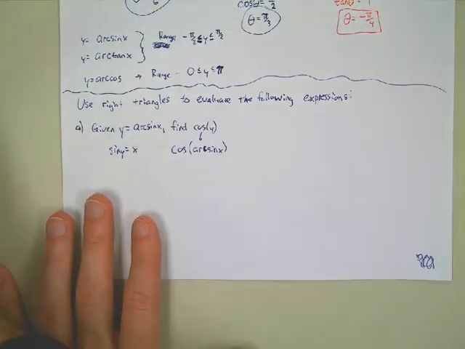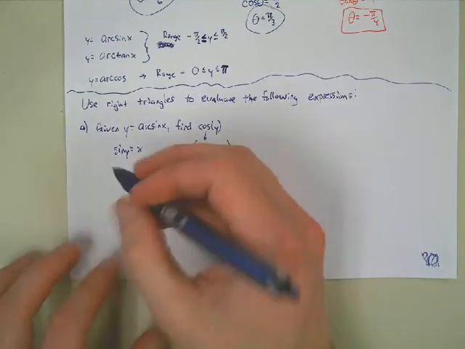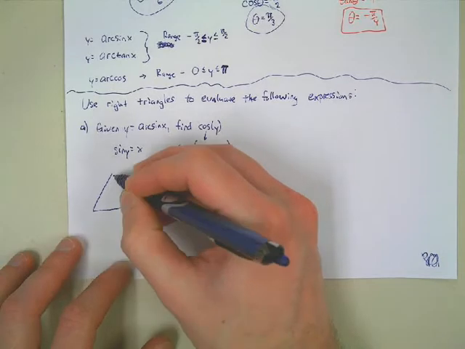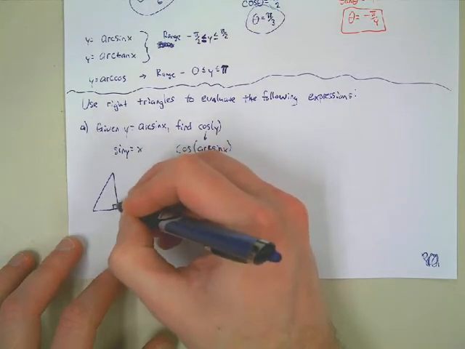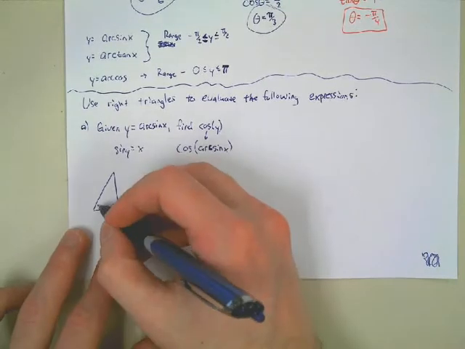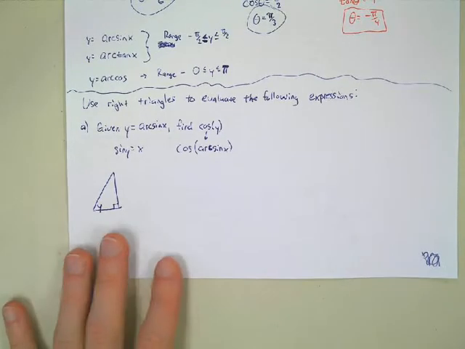Now, what does that mean? Well, that means that there's some right triangle with angle y, right? We always take sine of an angle. There's some right triangle with angle y that when I take sine of that angle y, it results in a ratio of x, or x over what? What can I put x on top of? 1.